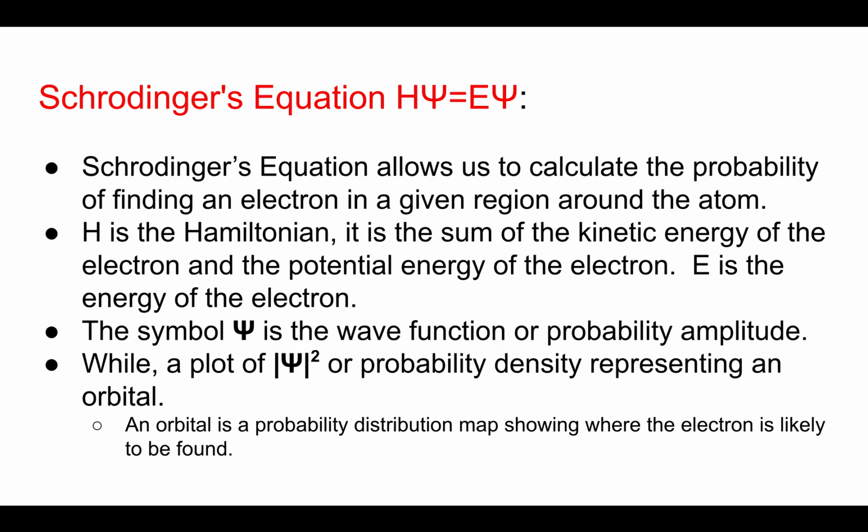Now, the magnitude squared of the wave function is our probability density, basically our orbital. And the orbital is a probability distribution map showing where the electron is likely to be found.